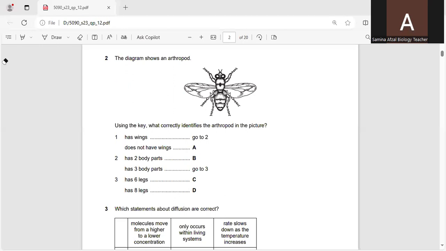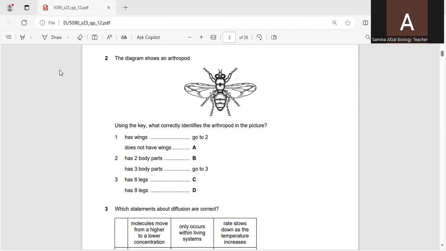Question number 2. The diagram shows an arthropod. You can see a fly over there. And this is the dichotomous key which you have to follow to find out the answer. Using the key, correctly identify the arthropod in the picture.